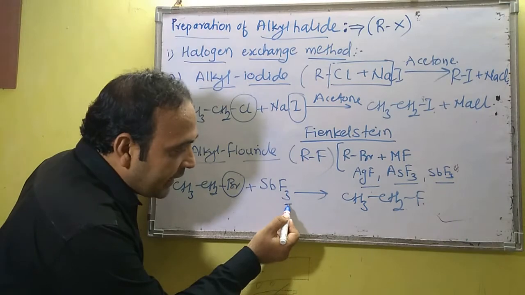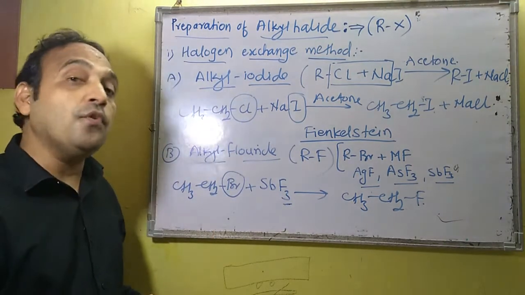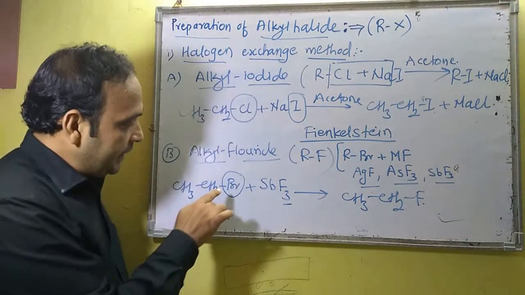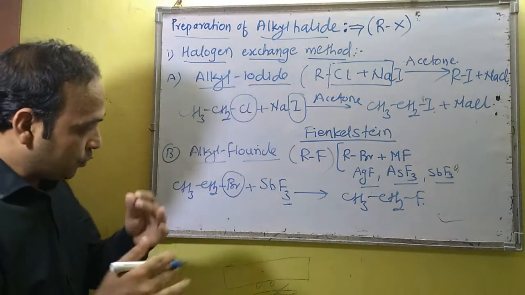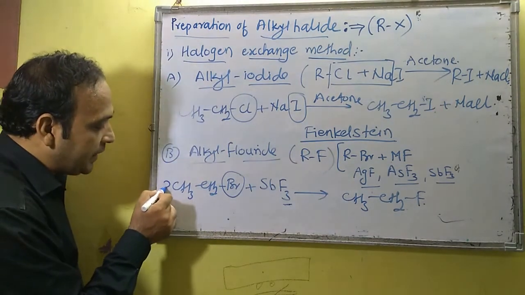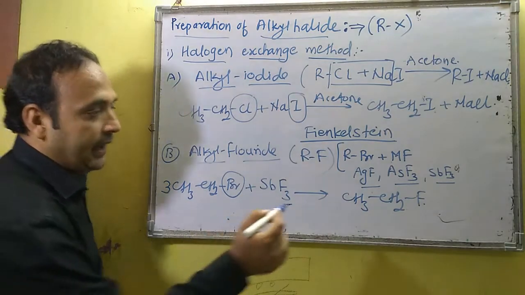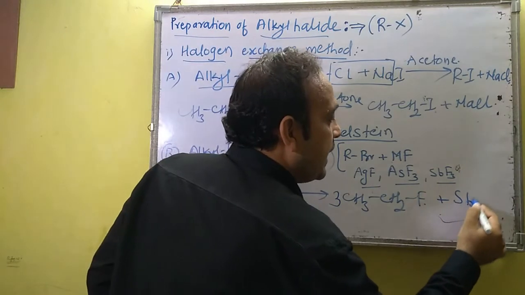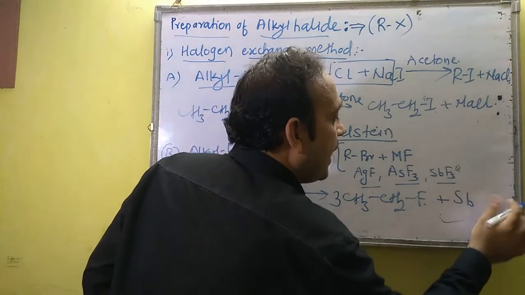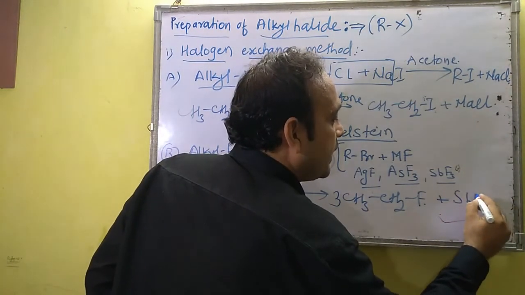But in the reactant, how many fluorides are there? 3. But in the main reactant only one bromide is there, so to balance the reaction it is multiplied by 3. My side product is SbBr3.